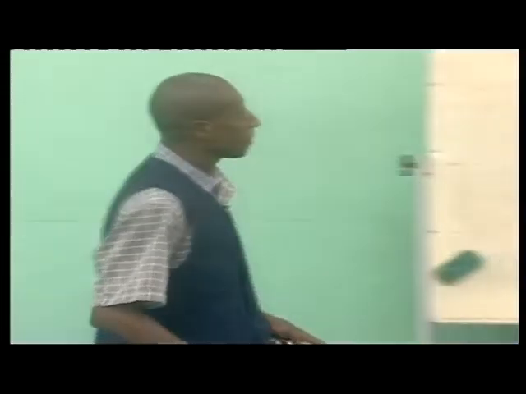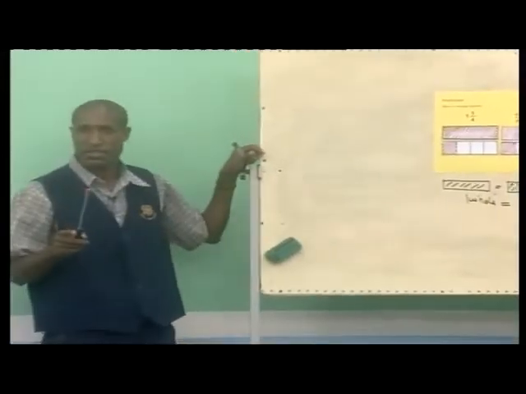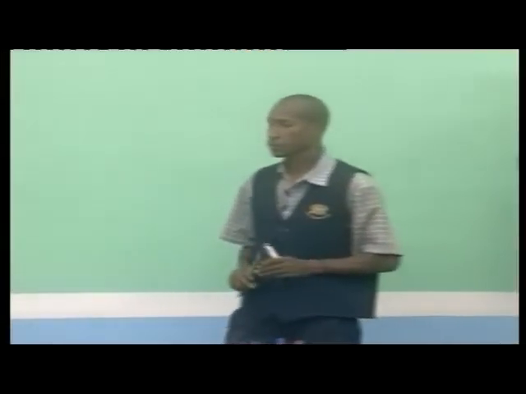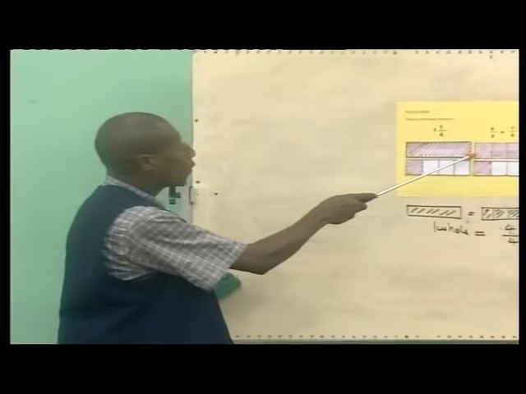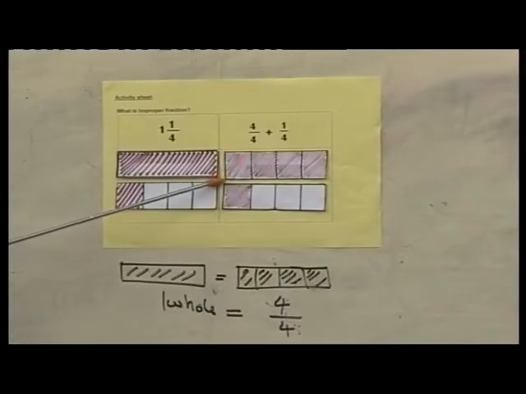Now, class, the next question. Looking at your activity sheet, I would like you to look at the diagram 4 over 4 plus 1/4, and count how many parts of the rectangles or blocks have been shaded. You count the number of parts that have been shaded in the diagram 4/4 plus 1/4.